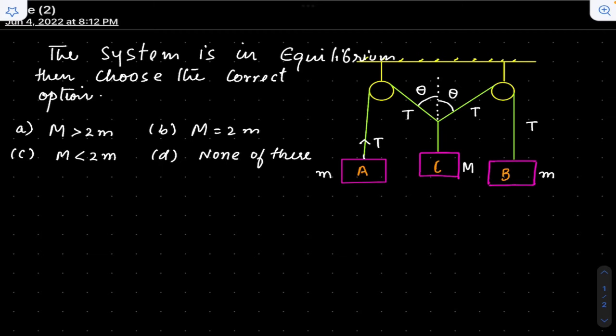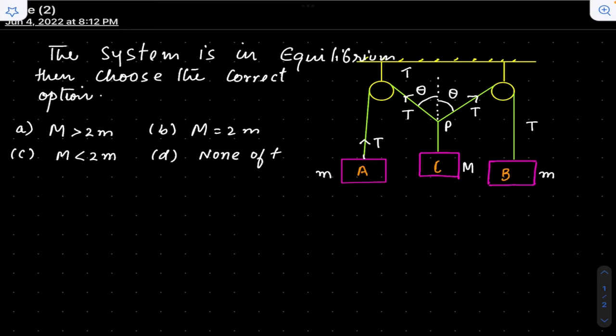As this is a symmetrical diagram, let's say I am taking this point P. About point P, we have two components of the tensions in the upward direction, as at point P the tension is in this direction and in this string the tension is in this direction.